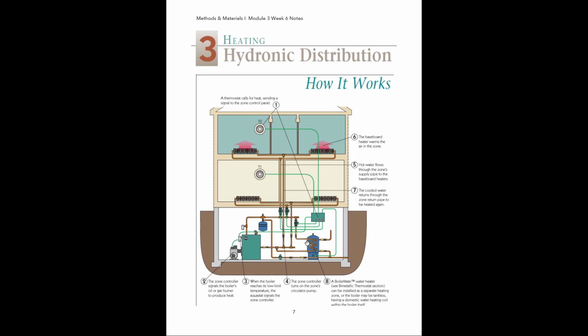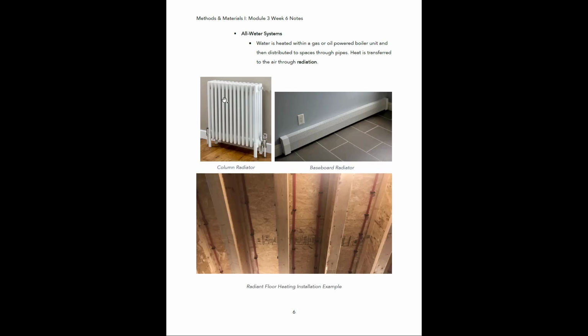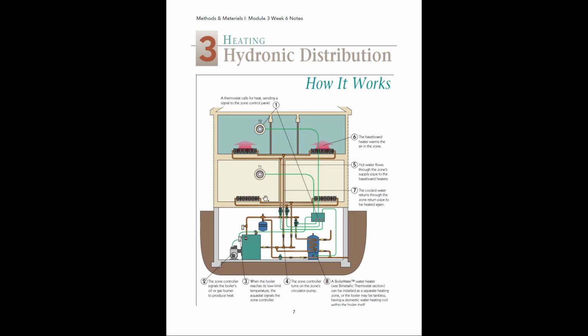And then once the water is heated, it is then distributed through the pipes to either the radiator. So this could be like a regular old radiator like we saw on the last slide, like this, or it could be a baseboard radiator. And then the air around it is heated, and the heat is just radiated throughout the space, okay?